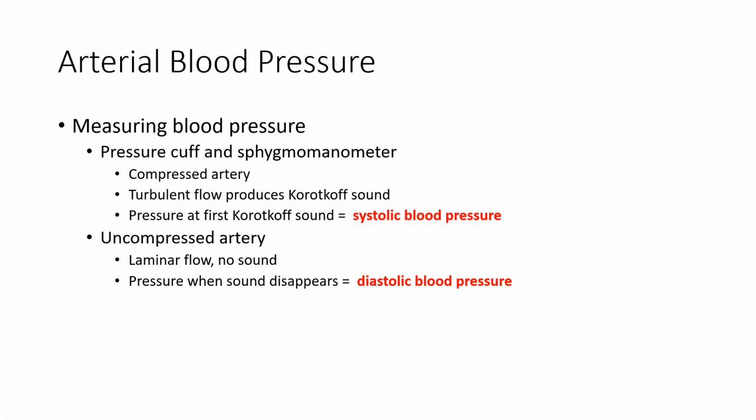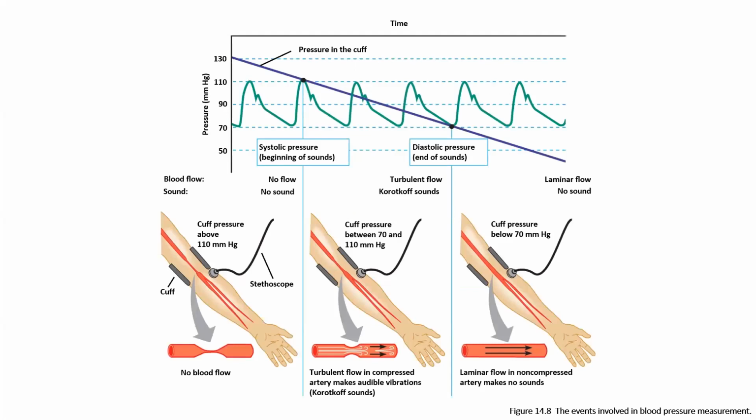Okay, and that'll make a little bit more sense on this next slide with these drawings here. So let's explain this one more time. So we've got blood flowing through our brachial artery, which is the artery that we usually observe blood pressure in. We're going to put on that sphygmomanometer. We're going to compress that brachial artery. And at the same time, we're listening with our stethoscope to observe any turbulence in flow in that vessel.